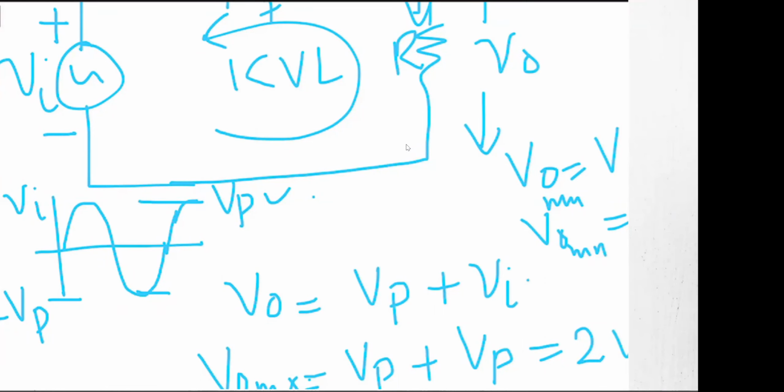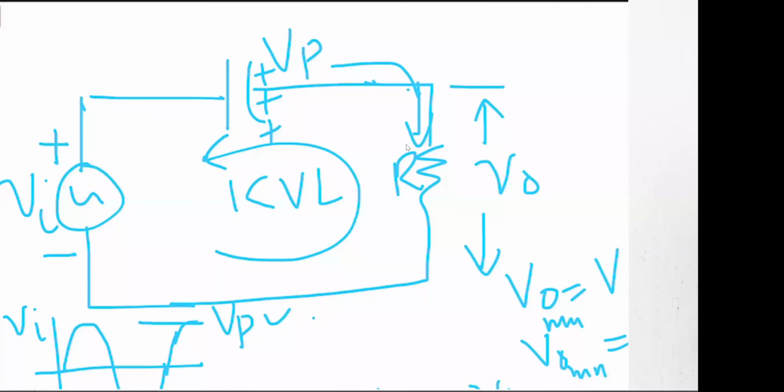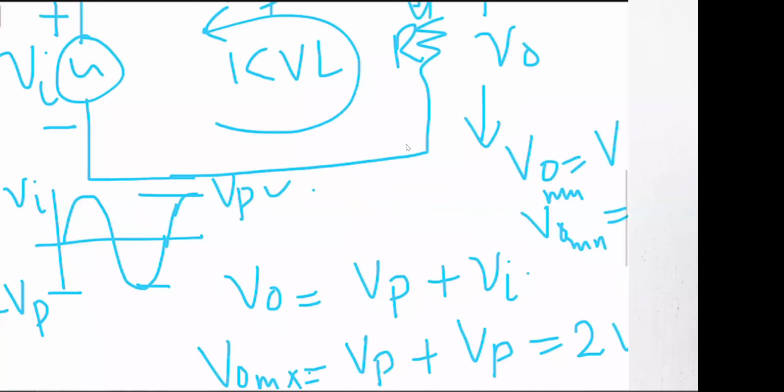If you look here, you have a circuit which is now left with a capacitor, a resistor and an input voltage source, right? So with this you can apply KVL to the circuit. The capacitor is now working as a DC source which is holding a value equal to VP.